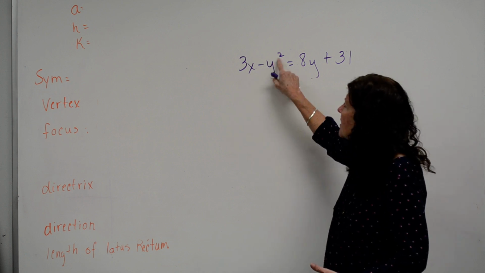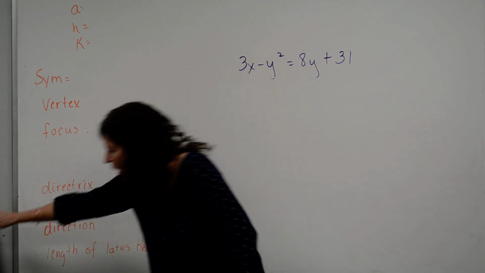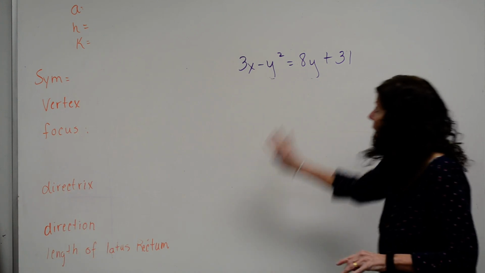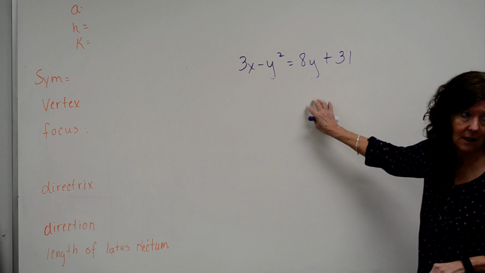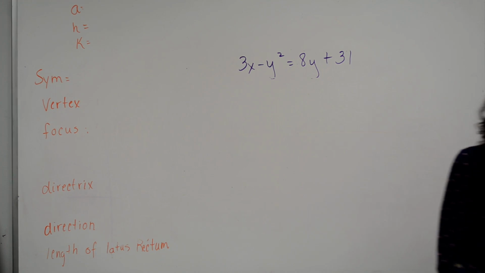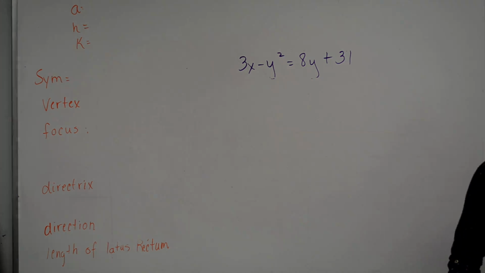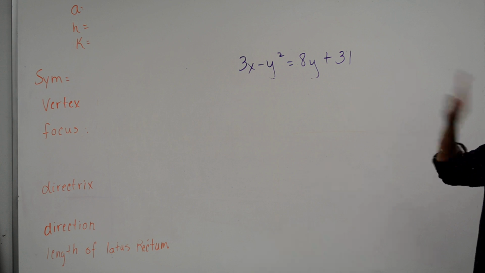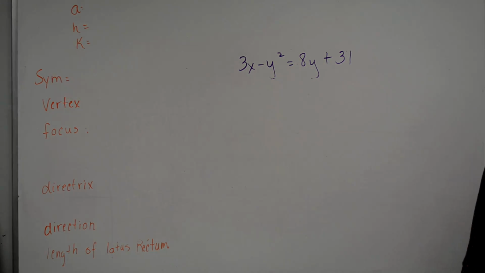But because the y is squared, I know I am over here on the right-hand side. So the very first thing I want you to do is to try and get this in the right form, and then we'll go from there. Don't do anything else, unless you really want to. If you want to go forward with it and try it, that's fine. But if you've got this in the wrong form, if your equation is wrong, you cannot do the rest of the problem.